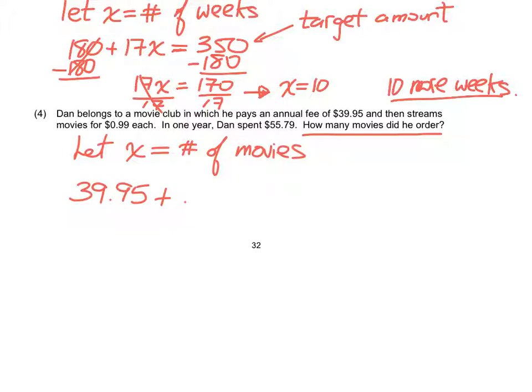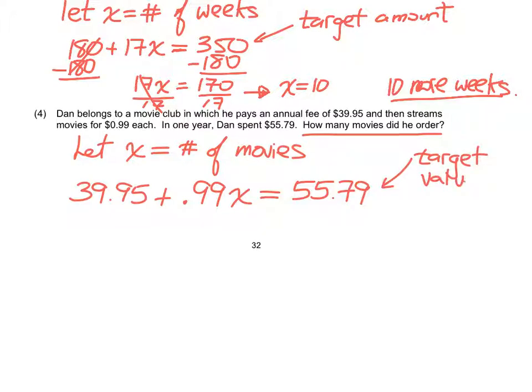But the 99 cents is dependent on the number of movies. So if we take 0.99 and multiply it by X, that'll give us the target value. So that's the target value, or target amount, as I said in the last question.